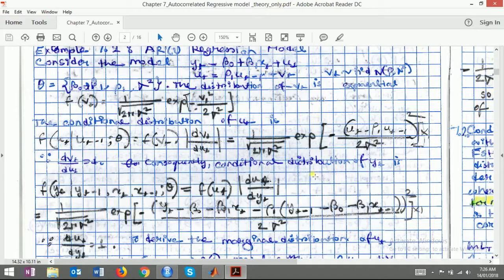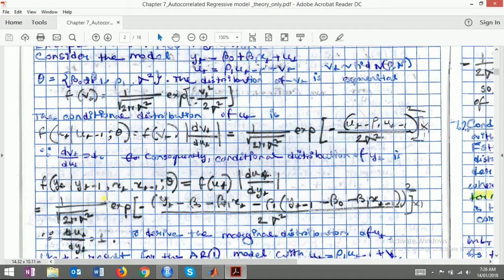Consequently, the conditional distribution function of yt, conditional upon yt minus 1 up until xt for all parameters, is f of ut times dut by dyt. Dut by dyt is 1. The differentiation is 1 here.